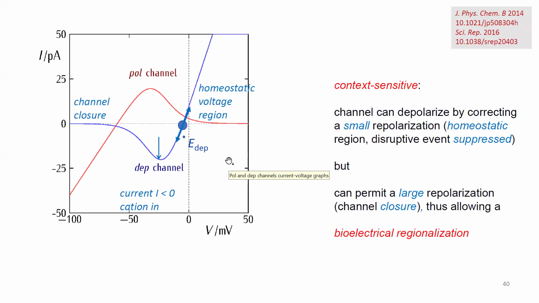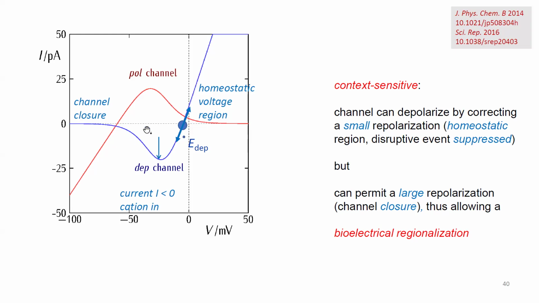In the case of the channel trying to fix the depolarizing cell state, there is also a homeostatic voltage region, so that small deviations from a depolarized cell can be corrected, but if there is a strong repolarization, it could not be corrected because again the channel closes.